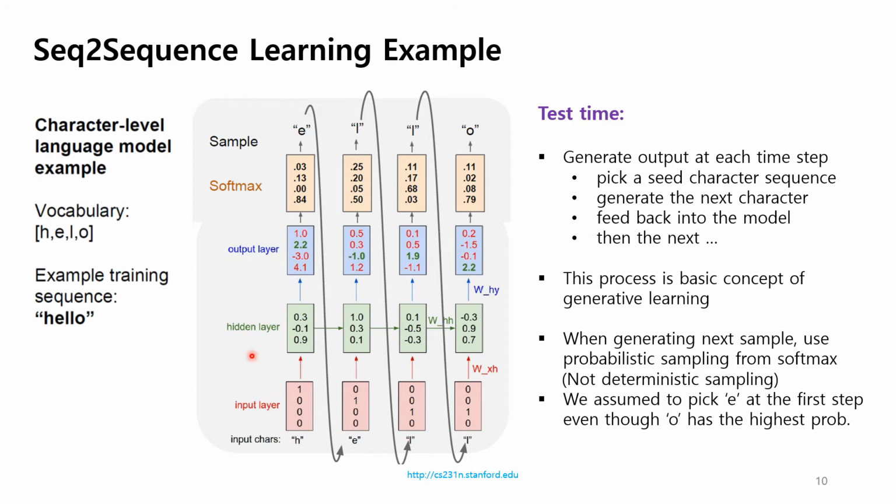That value is used here as the input in this stage. So using those values as the previous value, and using this input, you compute the hidden layer values.